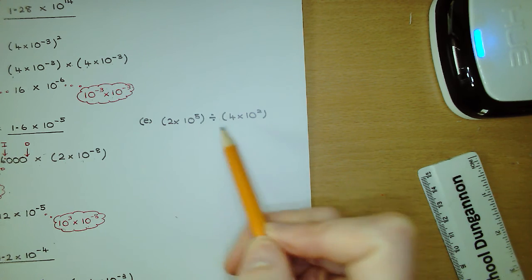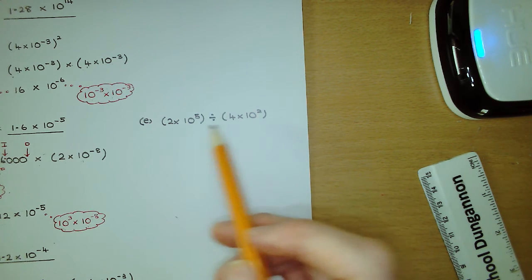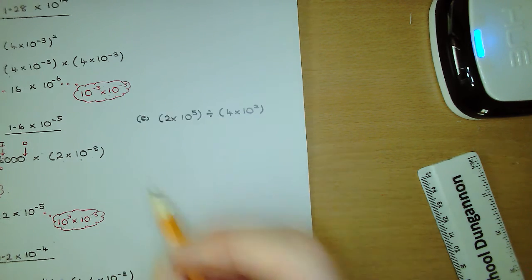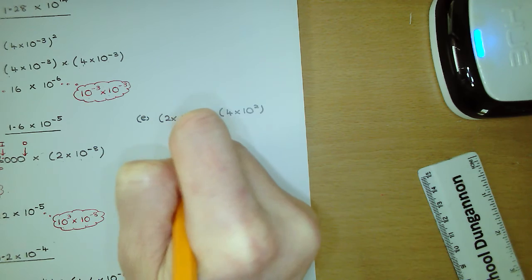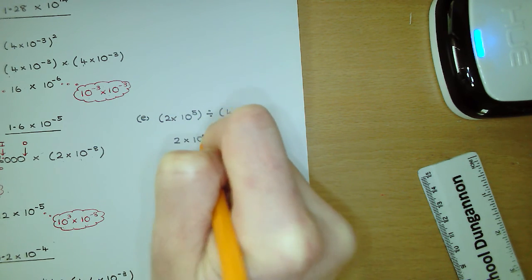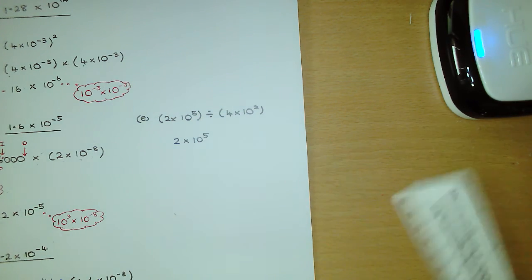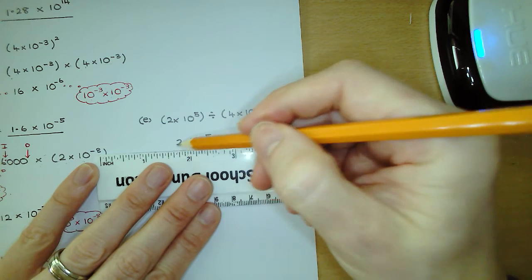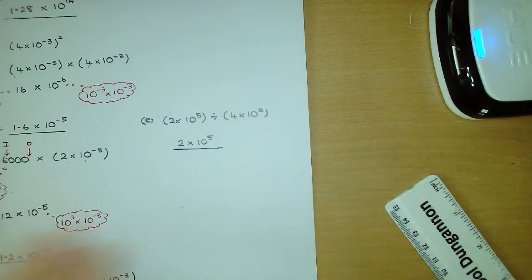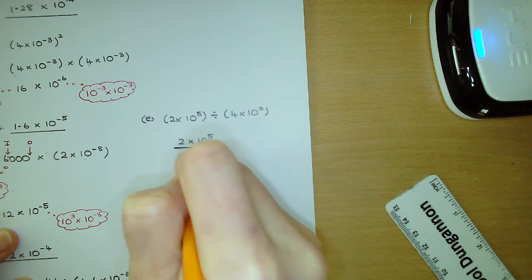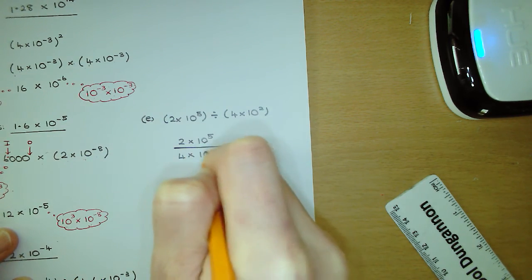We're dividing with numbers in standard form, so we're going to rewrite the division as a fraction. So I'm going to rewrite it as 2 times 10 to the power 5, and that's all over 4 multiplied by 10 to the power 2.